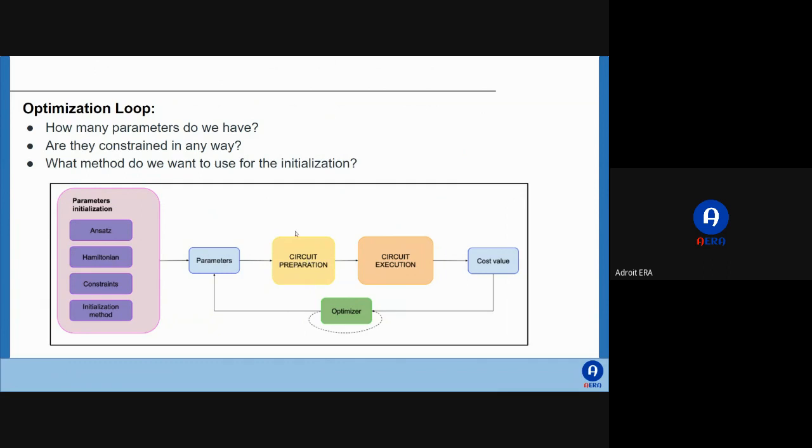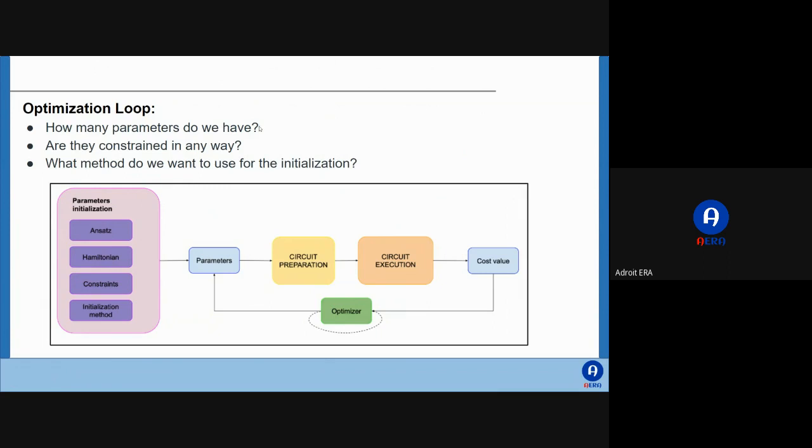We prepare the circuit using all of these parameters, and then we execute the circuit and compute the cost value. The main agenda is that the cost value should be the lowest, right? The cost should be very low. If that is not the least value, then you go to the optimizer. The optimizer will again optimize these parameters, and this loop goes on and on until you find the lowest value for the cost, right?